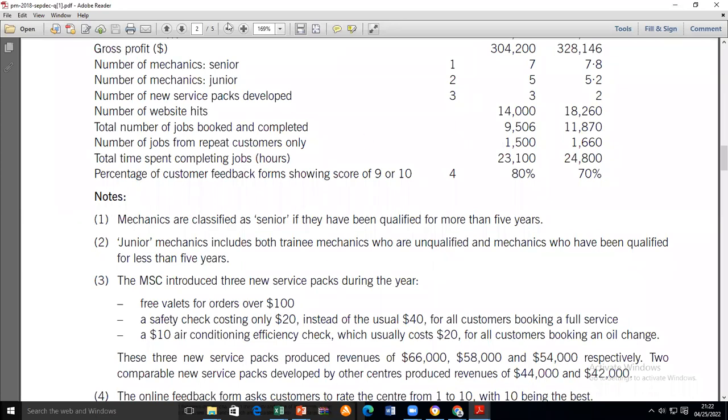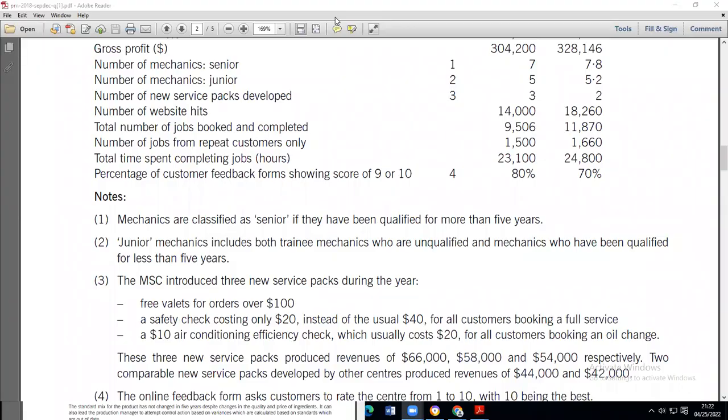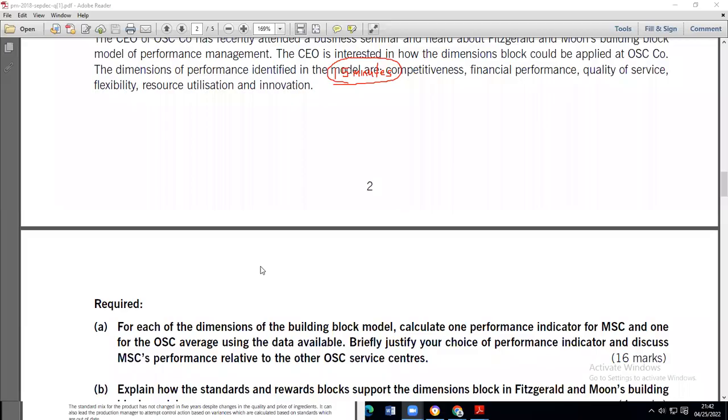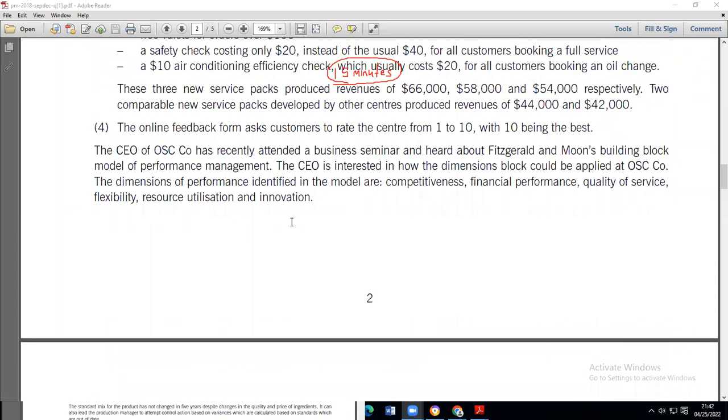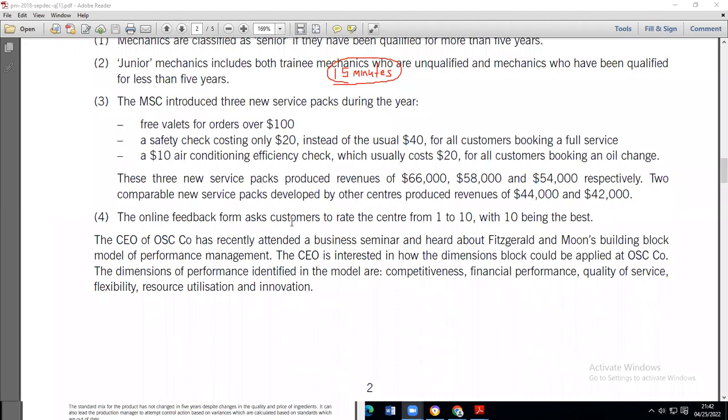So how many minutes can we give ourselves for this exercise? Okay, so I'm sure you have read through the question. You understood the story.